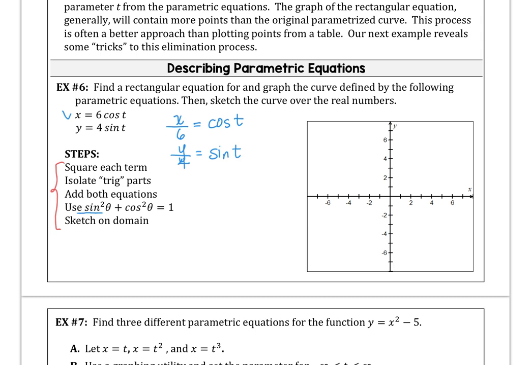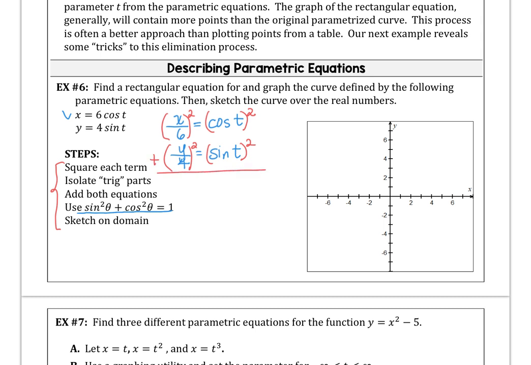And our hint is that we should be able to use sine squared plus cosine squared equals 1. The way that can happen is if I square the left side and the right side of each equation, and then think of this as a system of equations where we add the two equations together.